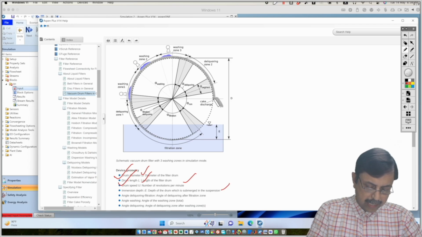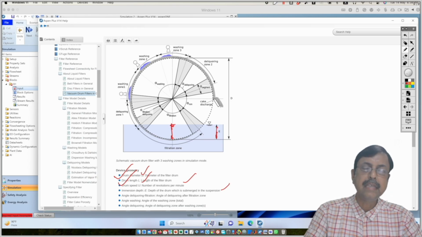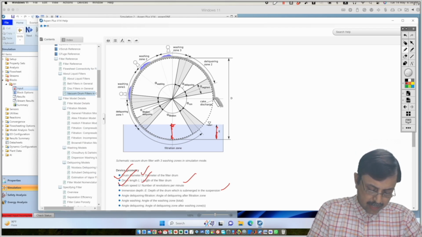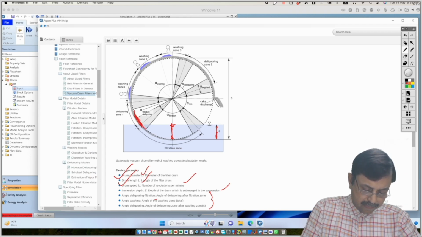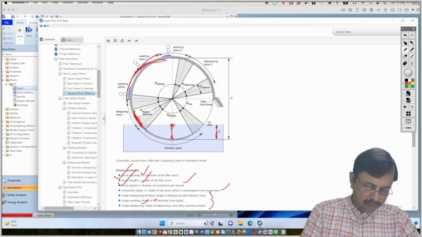Then immersion length. So this is the immersion length. Obviously, you can see how much the drum is immersed inside the pool of slurry. And the angles: angle of deliquoring filtration over here, angle of washing, this is the angle of washing, and then angle of deliquoring.